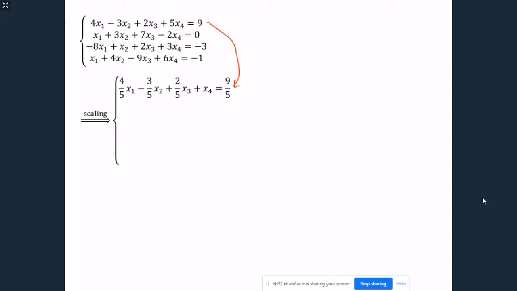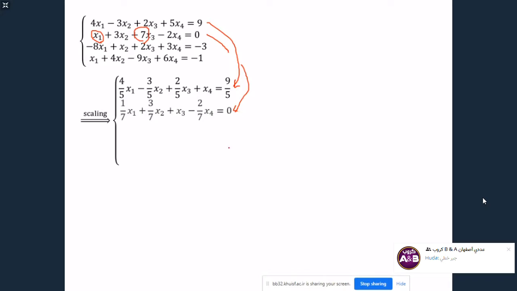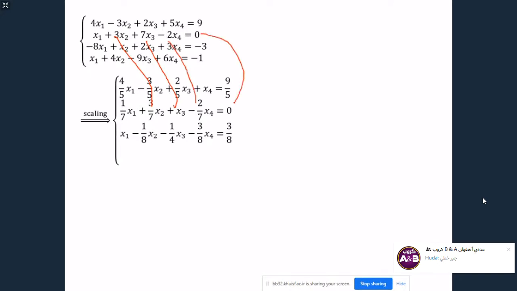In the second equation, we have 7 as the maximum. So we divide the second row by 7, and we get 1 divided by 7, 3 divided by 7, 1, minus 2 divided by 7, and 0.